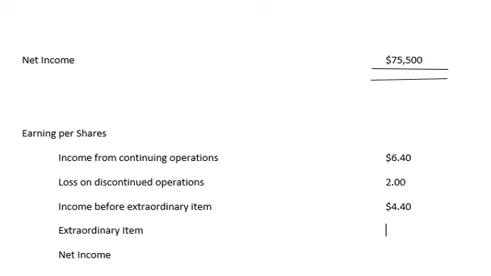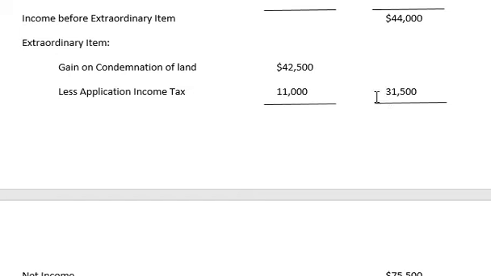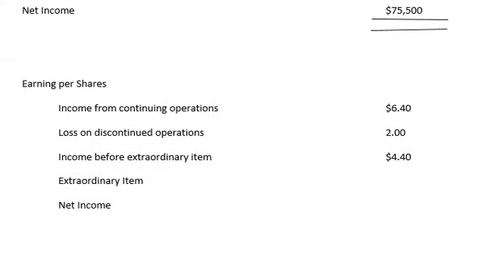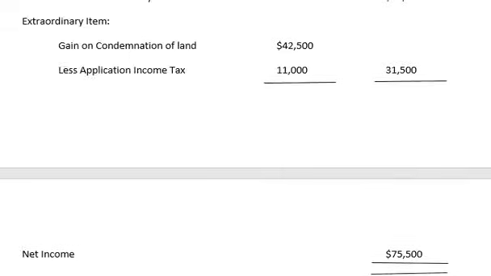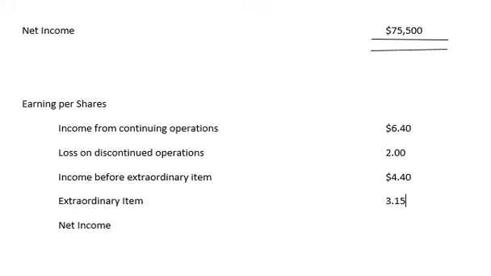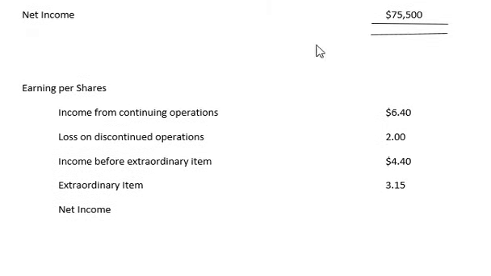The extraordinary item we got from here is 31,500. We divide by 10,000 and you get 3.15. Later we sum the two numbers together and we get the final answer, which is 7.55.